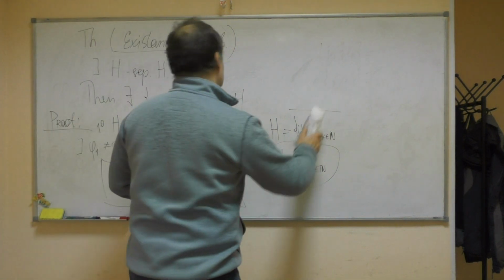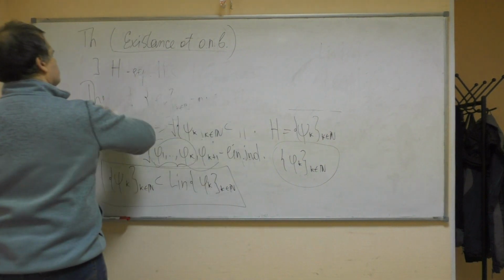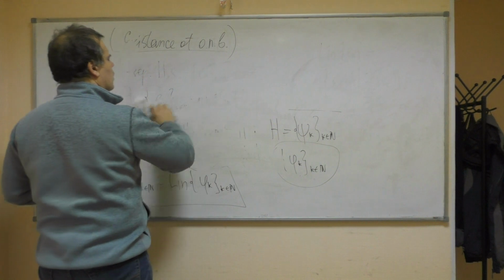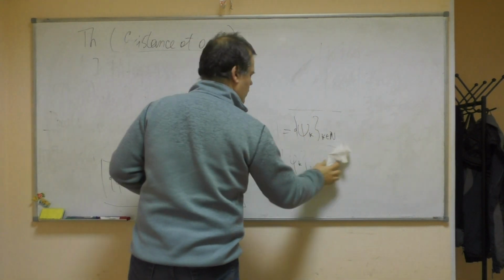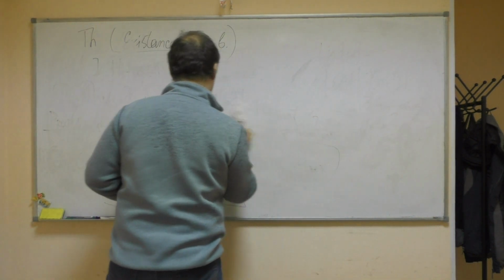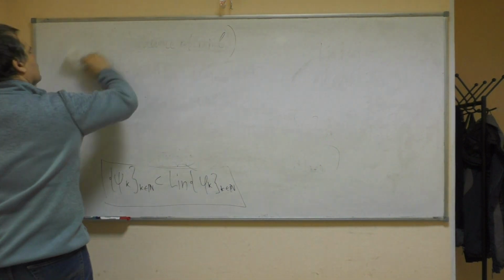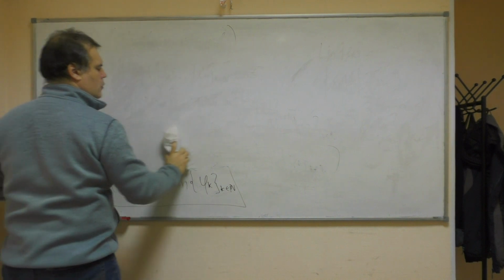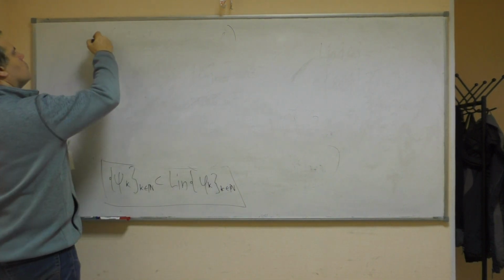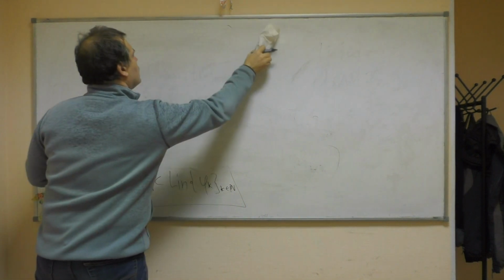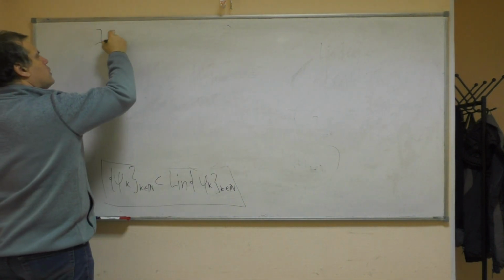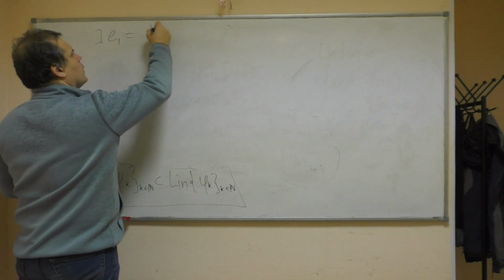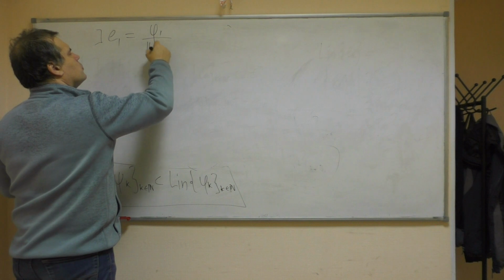Next, we perform so-called Schmidt orthogonalization. So let e1 be the normalized phi 1, so phi 1 divided by its norm.